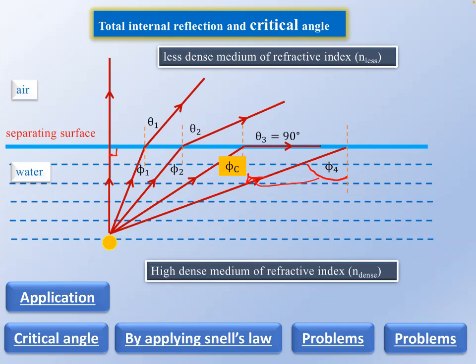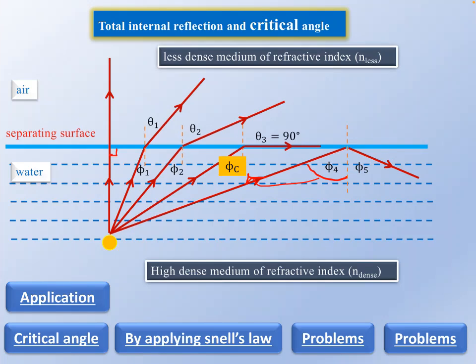In this case, what happens to the ray, which may be refracted? It is not refracted. It will be reflected in the denser medium, in the water, and the separating surface looks like a mirror. And phi 5 equals phi 4, the angle of incidence equals the angle of reflection, and all the rules of reflection can be applied.